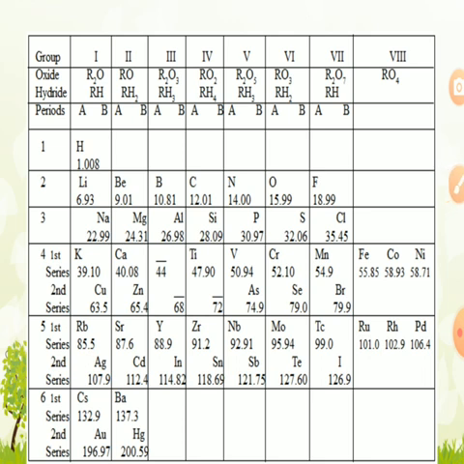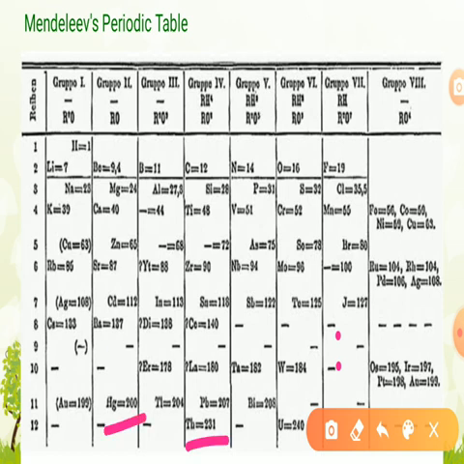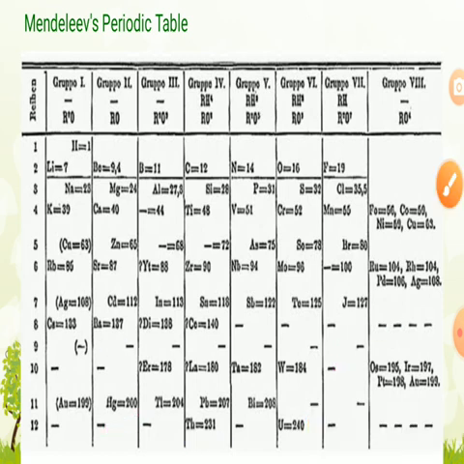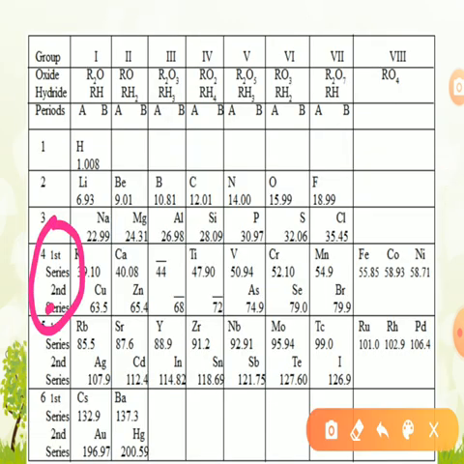Even in his periodic table, he has kept some vacant places, you can see here, so that when elements were discovered later, he could put them in this table. What is the difference between this and the previous table? Here in this table he has grouped the 4th, 5th and 6th periods into 2 series.